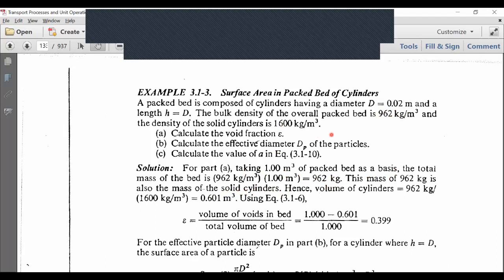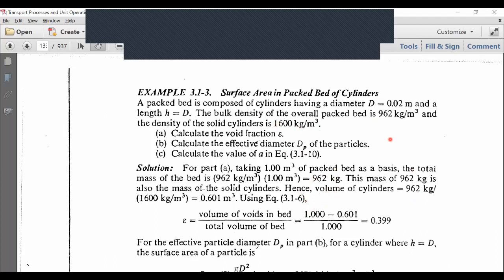Since the density of the solid cylinder is 1,600, we can find the volume of the cylinders by dividing the mass of the packed bed by the density of the solid cylinder. So we can find the volume of the cylinders only.